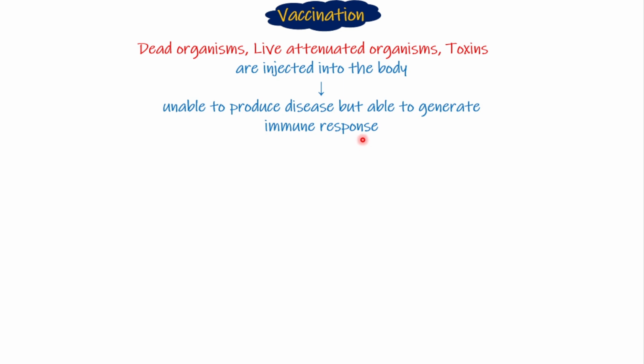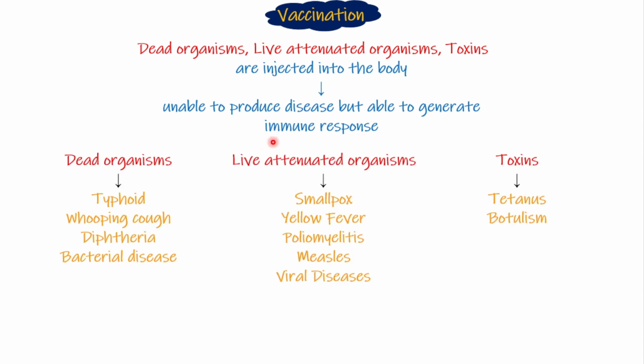So this is how we're not having the disease, but the body is able to produce antibodies, cytotoxic cells, and activated T cells, which will help the body against future infections. Okay, so this is vaccination.